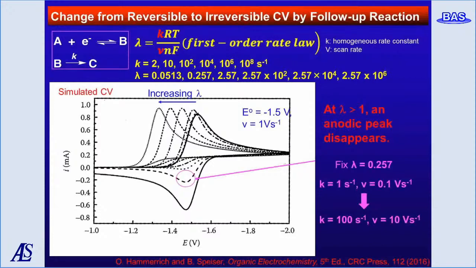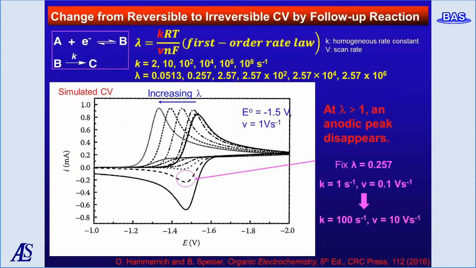By increasing the homogeneous reaction rate K under the same scan rate, the reverse peak current decreases. Considering the parameter lambda, which is defined in these equations, when lambda is greater than 1, the anodic peak disappears.